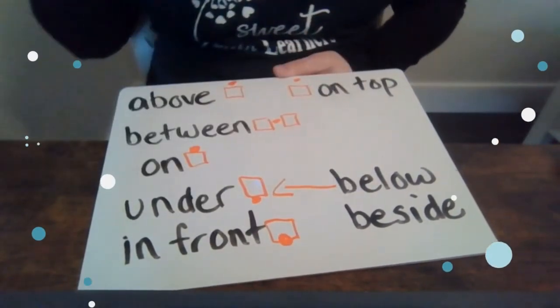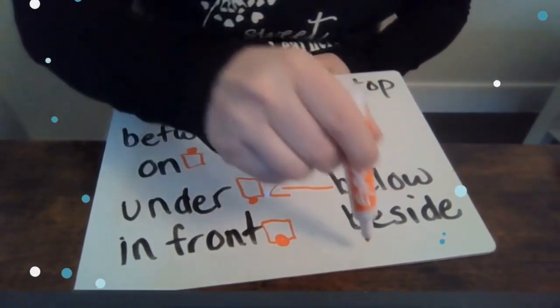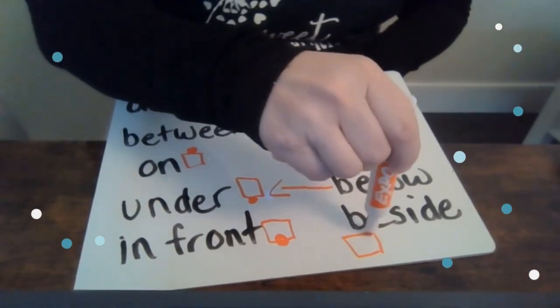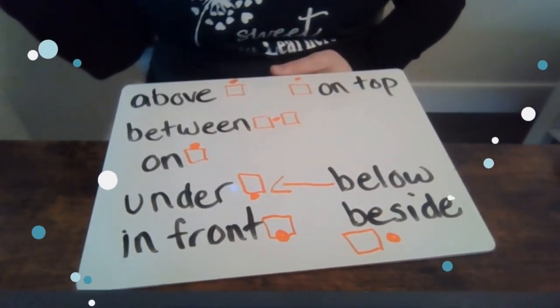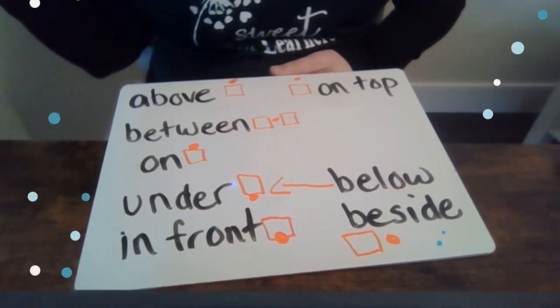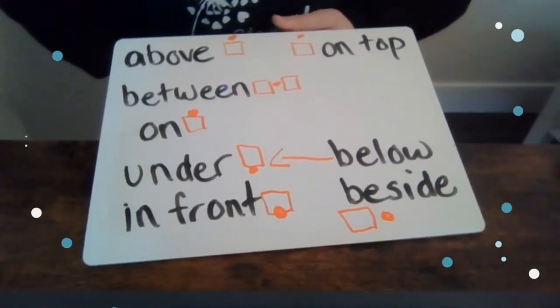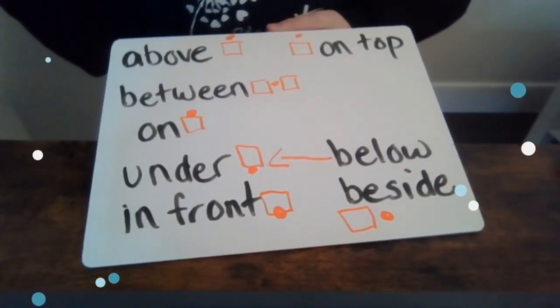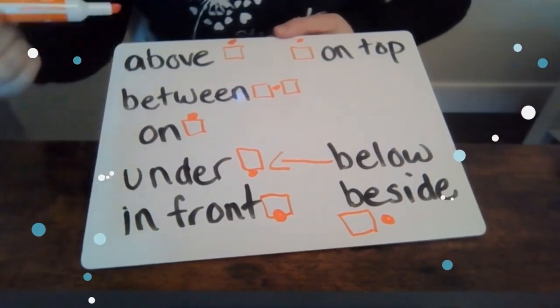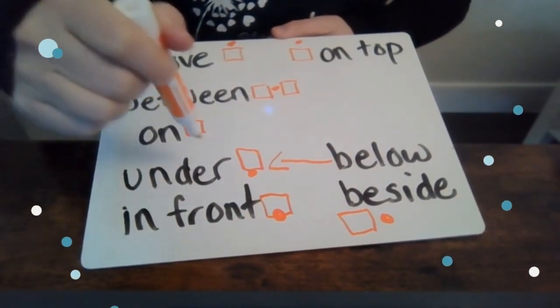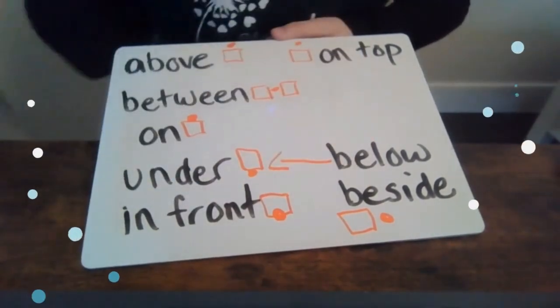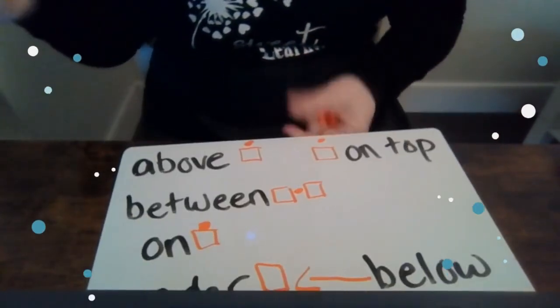And then we have our last word, beside. If something's beside something, it can go on either side, left or right. So you may have to pause this, and you can write out your words so when you get your worksheet, you're able to read where to draw and put things. Beautiful.